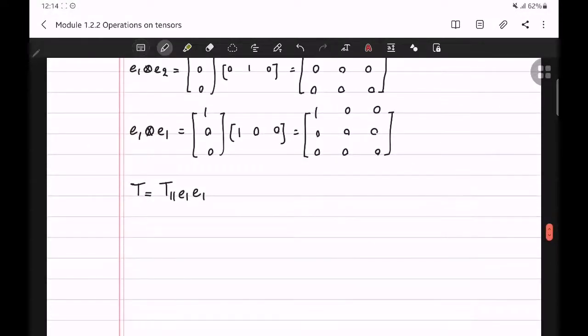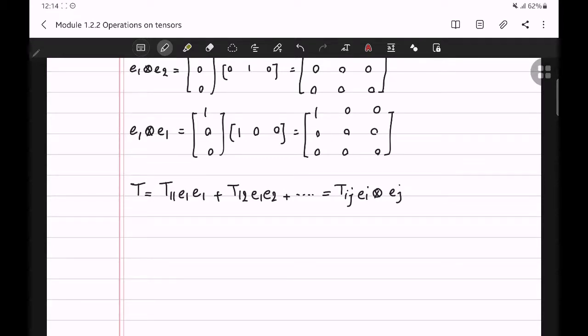So all the components can be written in this fashion. So this is, oh sorry, plus T12 E1 dyad E2 plus the rest, which is equal to Tij Ei Ej, which is basically Ei dyad Ej.